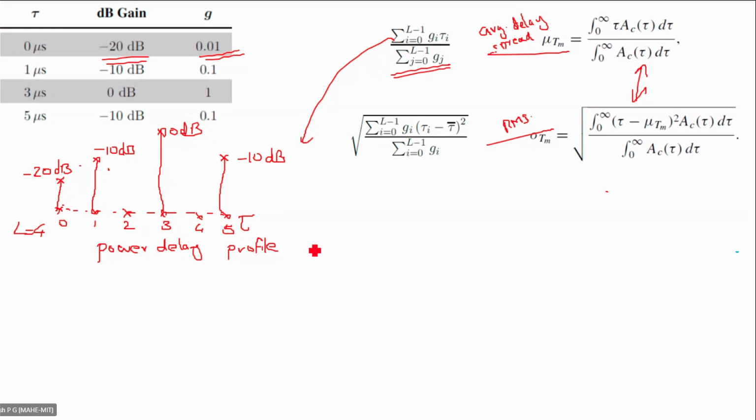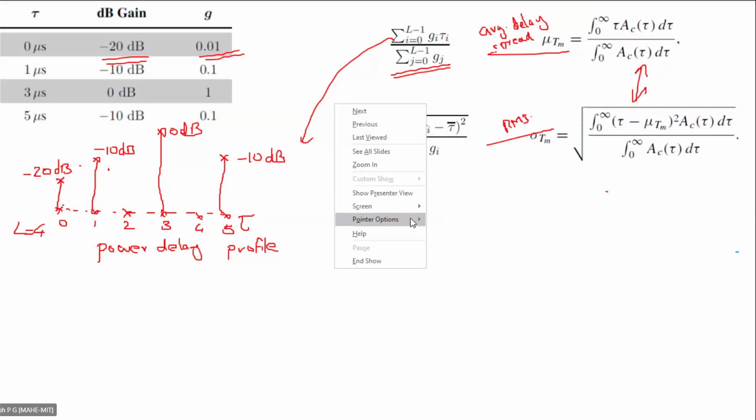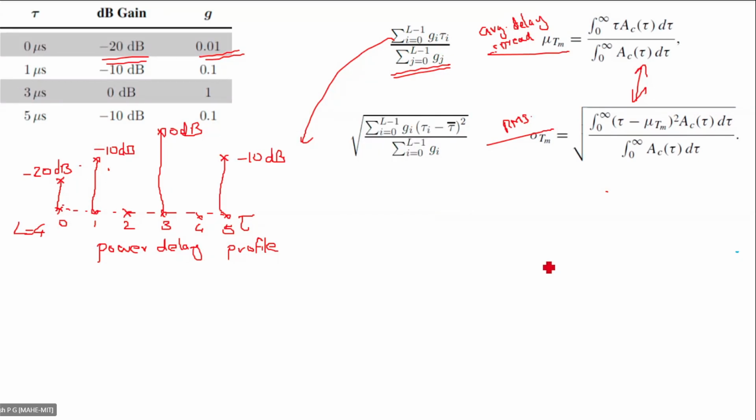So what is the equation for average delay spread and RMS delay spread? First we will find the average delay spread. It can be represented using mu Tm. Average delay spread is equal to the sum of tau i into G i.